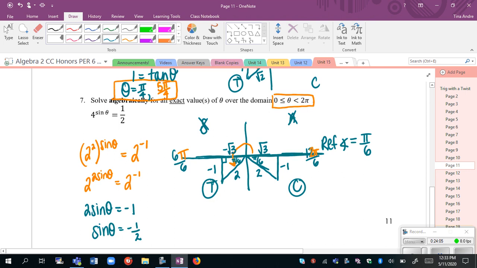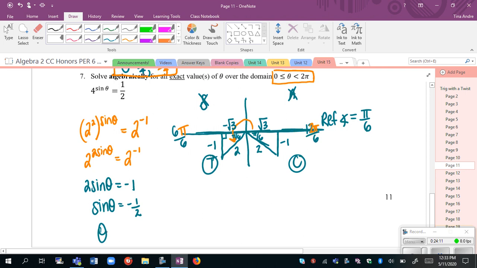So this would be 1 more pi over 6 past 6 pi over 6. So that's going to be 7 pi over 6. And then this one is 1 less, so we went all the way around, 1 less than 12 pi over 6. So that's going to be 11 pi over 6. So 11 pi over 6 radians and 7 pi over 6 radians, and that's it.